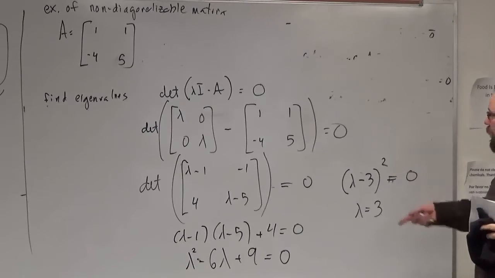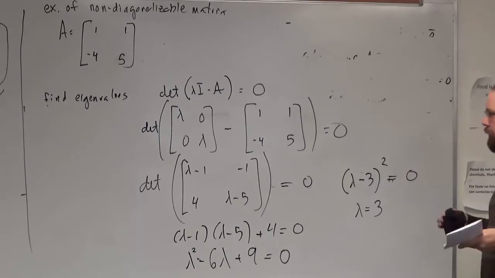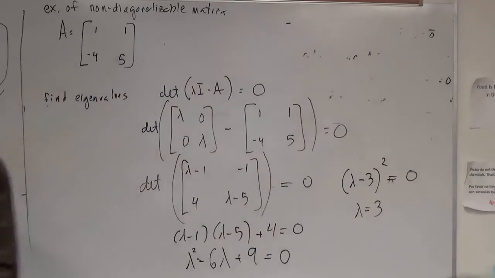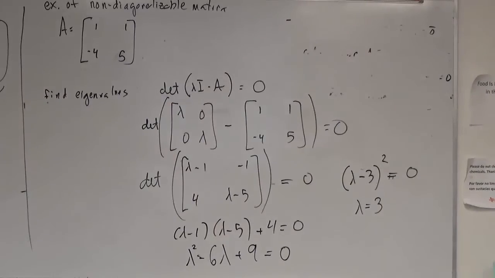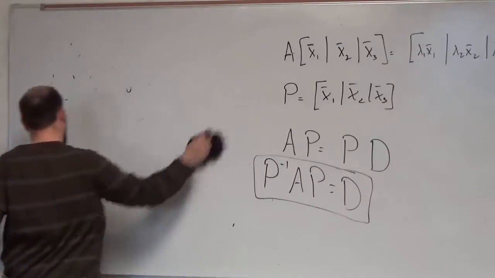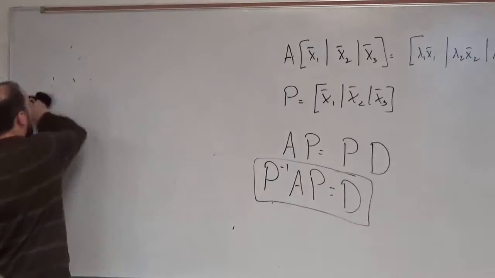So we still have to go find the eigenspace, or eigenvectors, to see if we have two linearly independent eigenvectors. So step 2, let's find the corresponding eigenspace or eigenvectors.